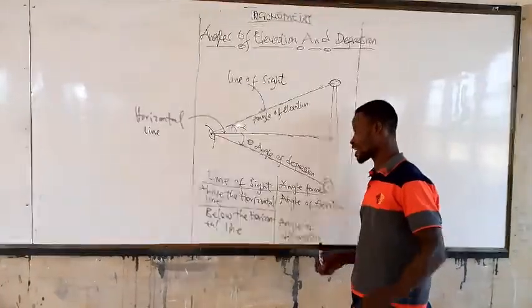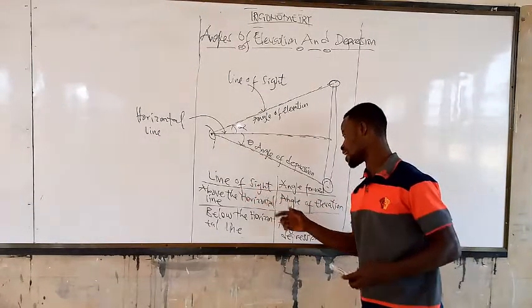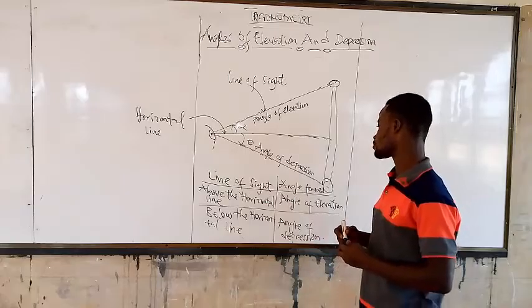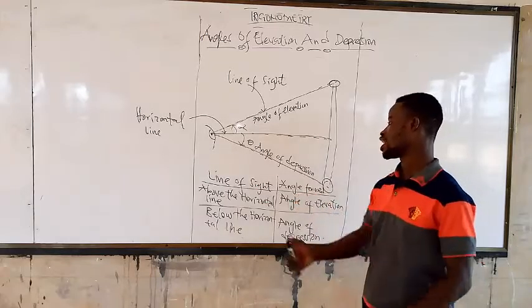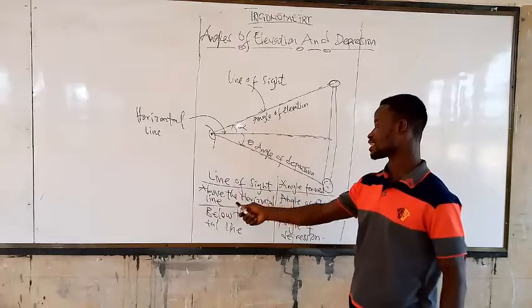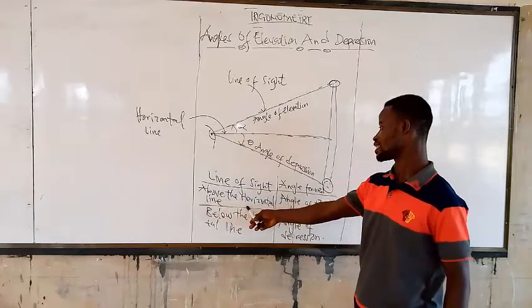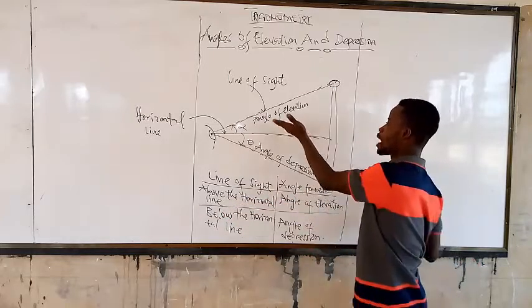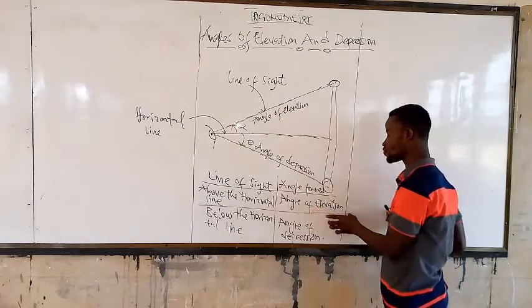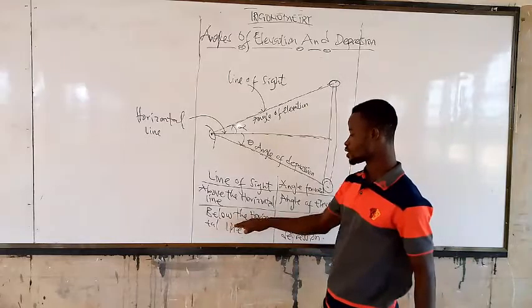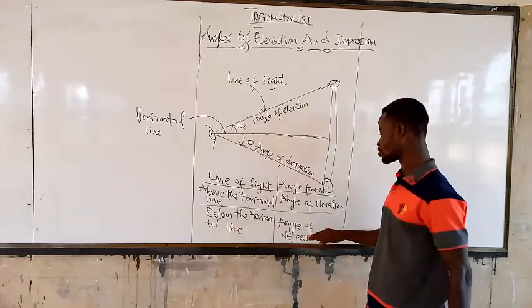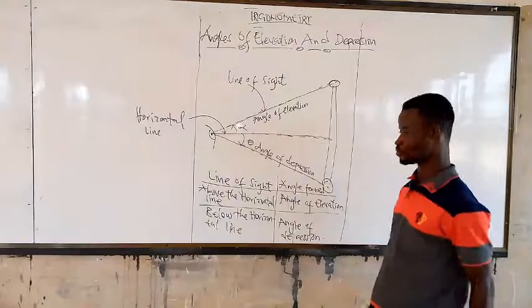And these are the lines of sight. So the difference is that when the line of sight is formed above the horizontal line, then the angle of elevation is formed. And when it is below the horizontal line, then the angle of depression is formed.